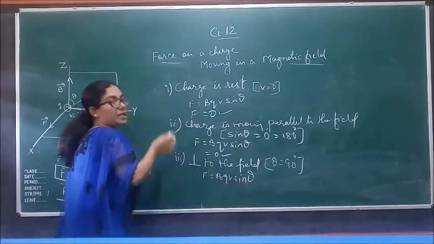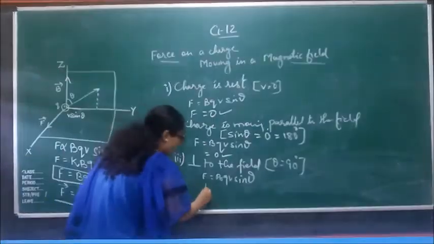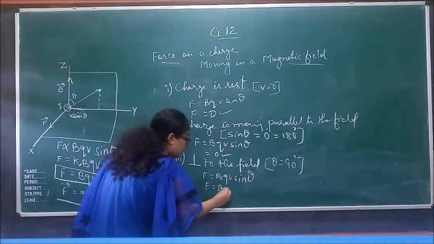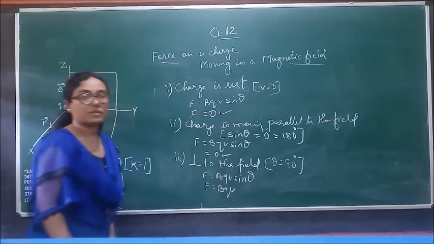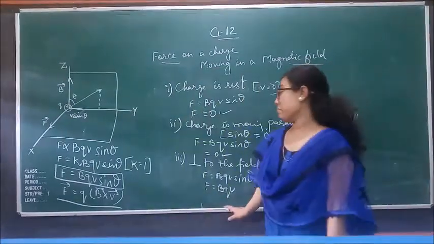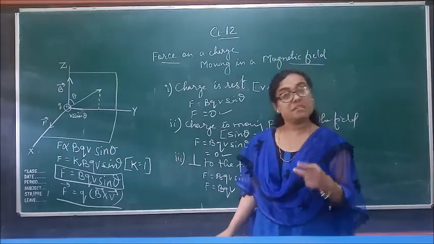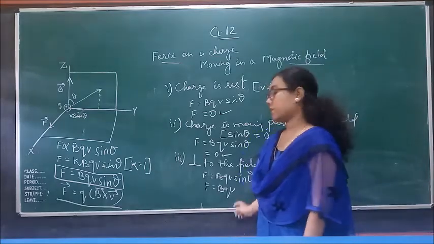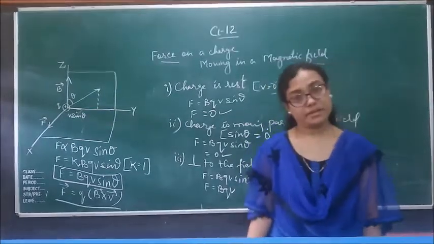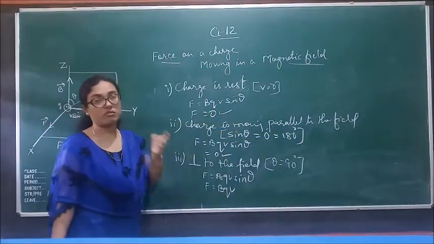Now what will you write in place of theta? 90 degrees, and sin 90 is the maximum value, 1. So F is equal to BQV. So the force acts maximum when the charged particle is moving in the direction of 90 degrees, and it is minimum in case of 0 or 180 degrees.